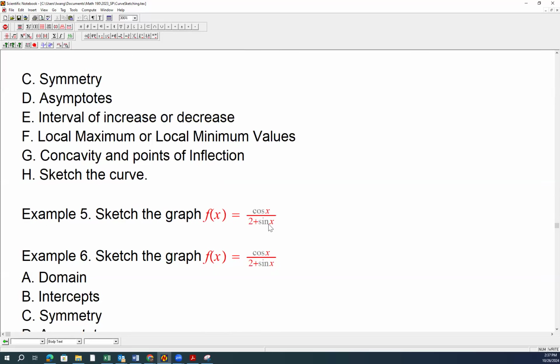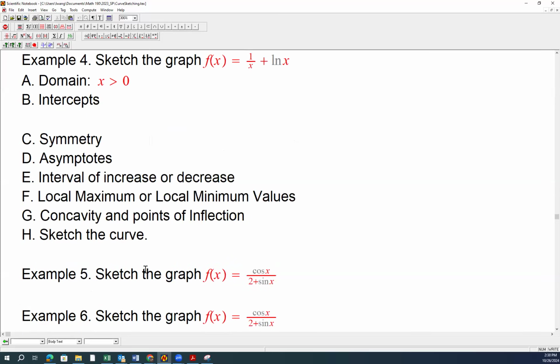Then you say, how about 1 over x? 1 over x is automatically covered because x cannot be 0 in this case. x is larger than 0. It's just one part of the graph of 1 over x. All right, so these two are just combined. Do we have an x-intercept?